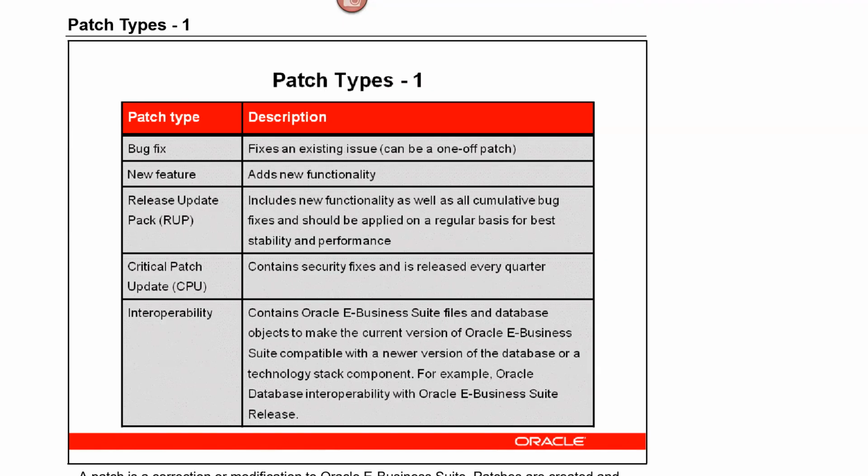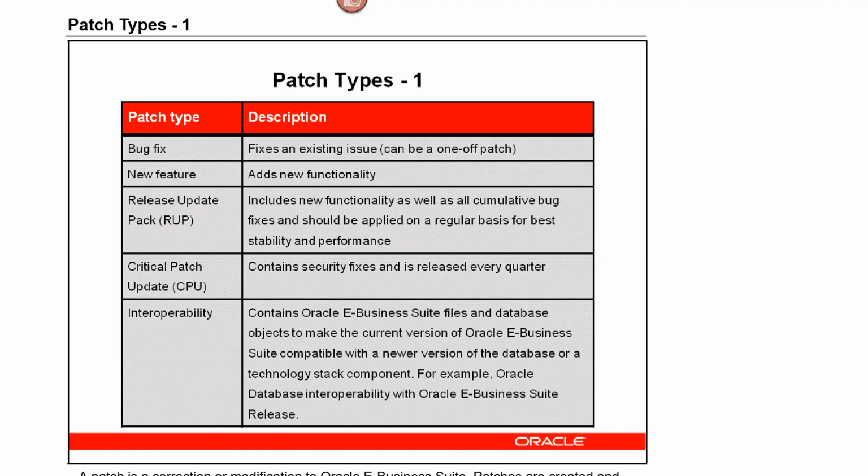Interoperability patches. Interoperability patches means whenever you want to upgrade, for example, your database is 12c and you want to go to 19c, you should not run only DBUA just to upgrade. Apart from that, you have to apply a few patches before you can upgrade. Those patches are called interoperability patches.